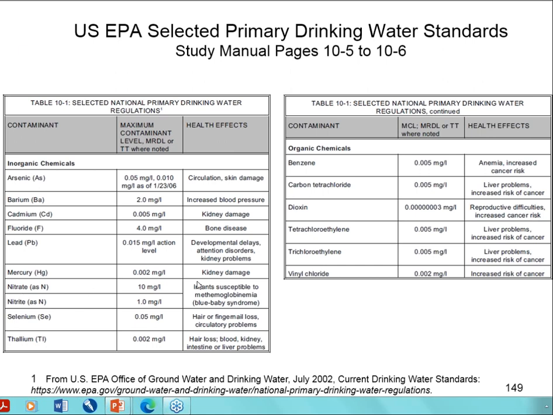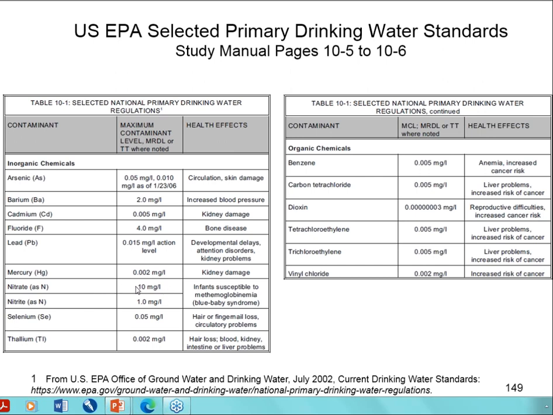We also want to look at nitrate, particularly across the country where we have farming. And sources of nitrate are sewage, our leach systems, and feedlots, places like that, or applying excess fertilizer.